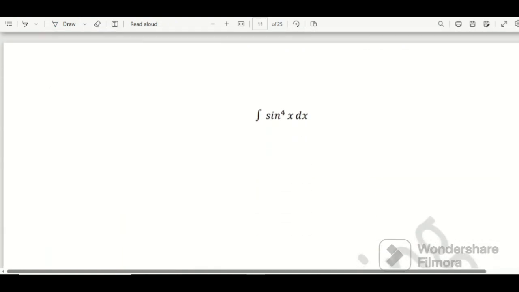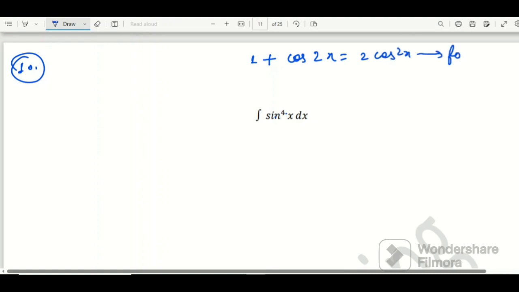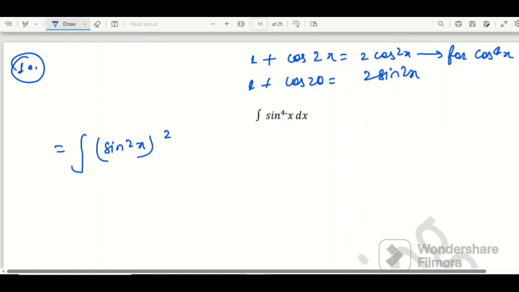Now this is the 10th number question. To integrate this type of function, whenever the power is 4, we'll always use trigonometric identities for sin to the power 4x and cos to the power 4x. For cos to the power 4x, we will use 1 plus cos 2 theta equal to 2 cos square x, and for sin to the power 4x, 1 minus cos 2 theta equal to 2 sin square x. For that, we'll make it sin square x whole square.